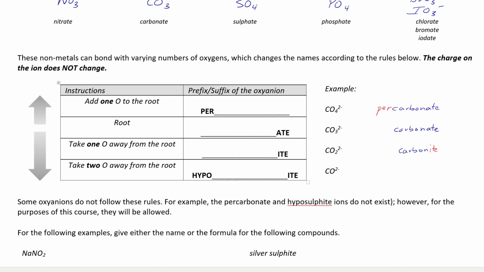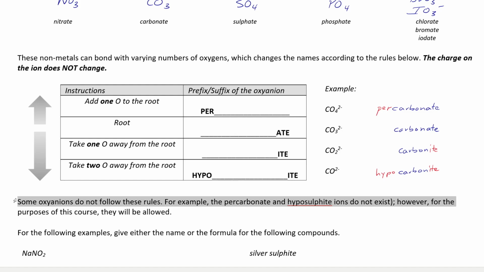If I took 2 oxygens away from the root, then I have to add the prefix hypo and the suffix ite. So this ion would go from being carbonate, now I take 2 oxygens away, and I add the prefix hypo: hypocarbonite.